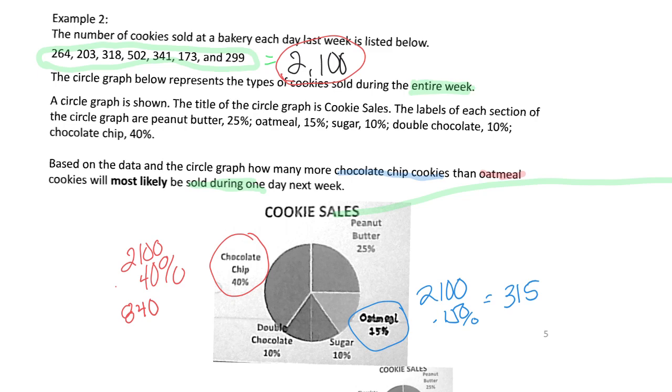Now, again, what's important to remember about these numbers is that this is what's sold per week. So we need to figure out how many are sold each day. So now we're going to take these numbers and divide both of them by 7. So 840 divided by 7 gives me 120. 315 divided by 7 gives me 45.